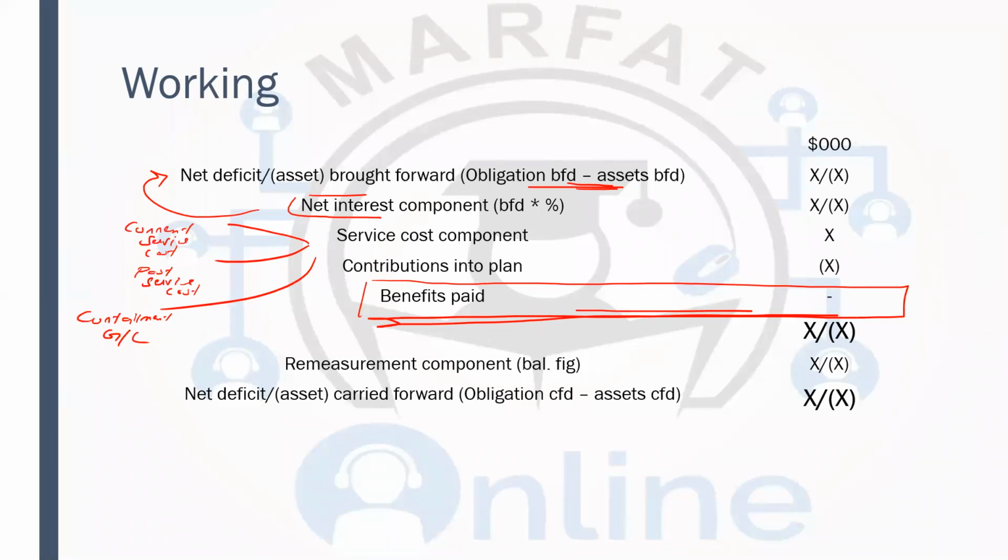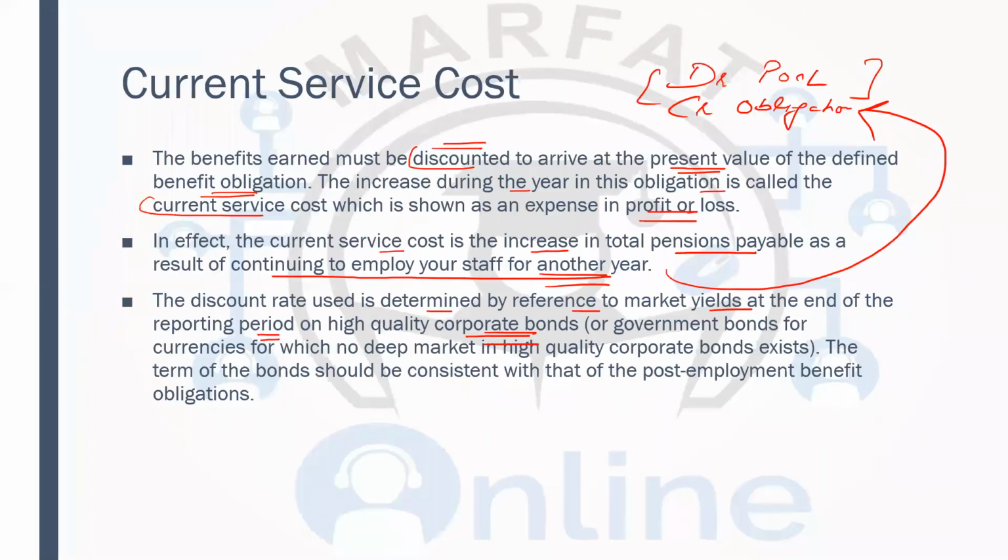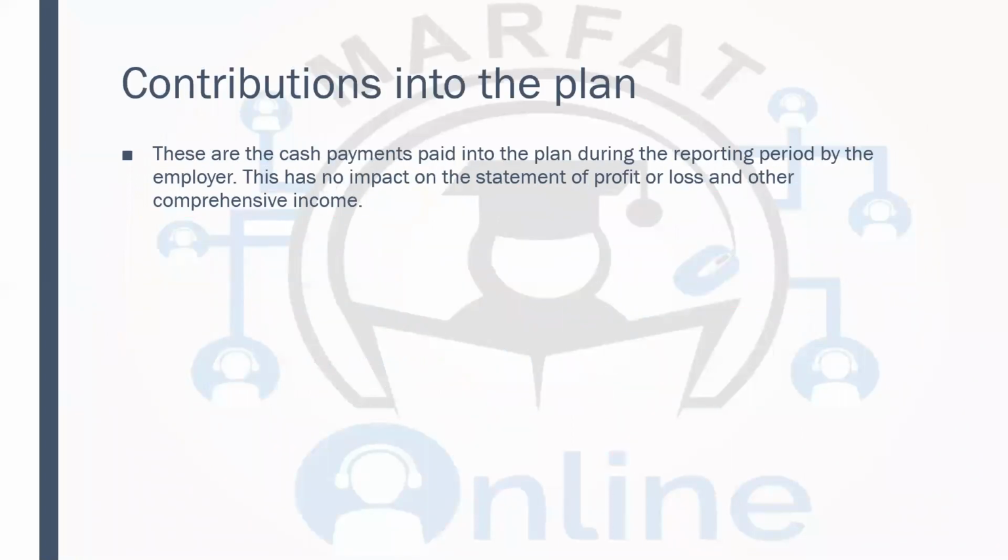When the payment is being made, it will reduce both the asset and the liability. So that is why I have not shown any movement, because we are doing a collective working. The contributions paid into the plan are the cash payments paid into the plan during the reporting period.